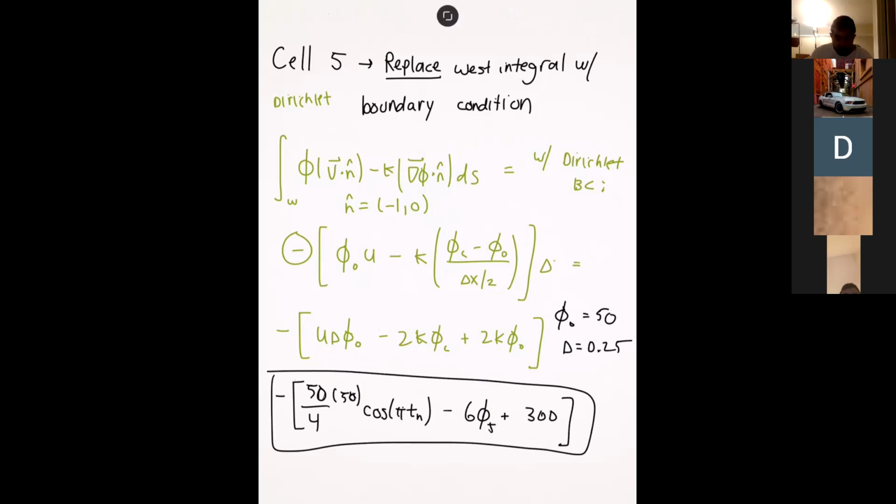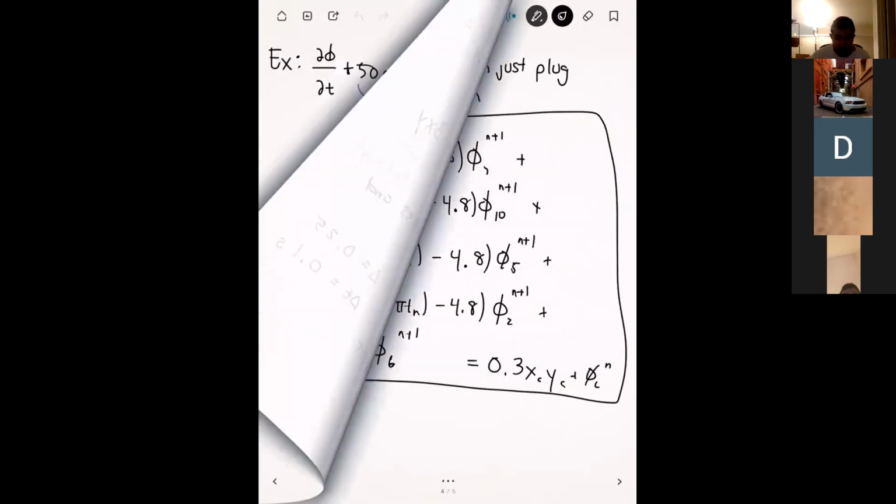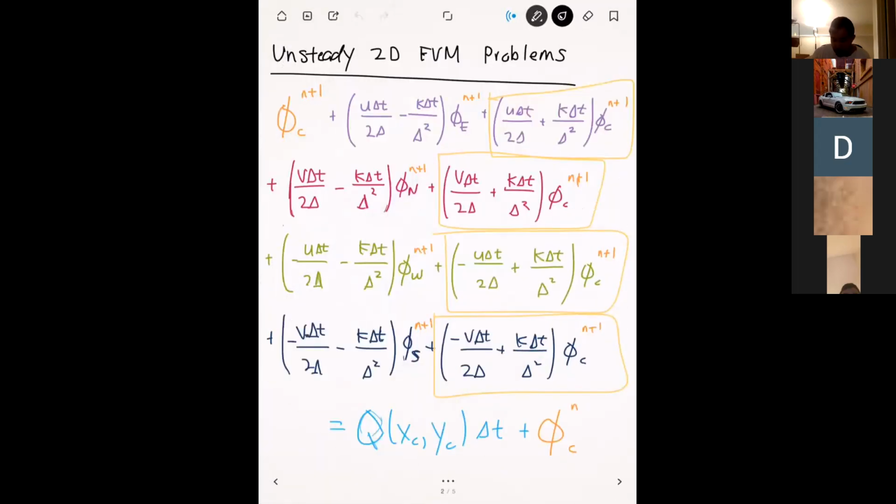Now that we have this expression, we can go ahead and replace the west terms in the general expression with this. All the green terms in our general expression back here, we replace with what we just computed.